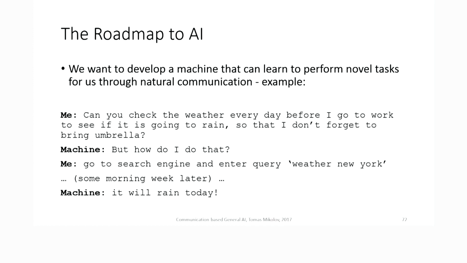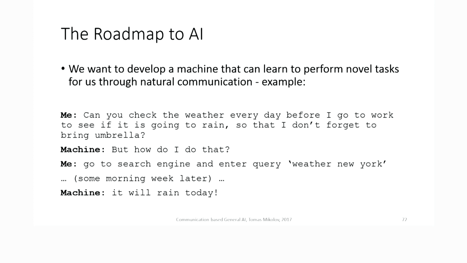So to give an example, what we would want to develop in the distant future is a system that, for example, can do this. You can tell the machine that it should check the weather every day before I go to work, so that if it's raining, it should remind me to bring an umbrella. And the machine doesn't really, for example, know how to do this in the first place.